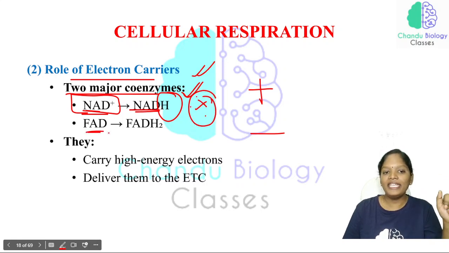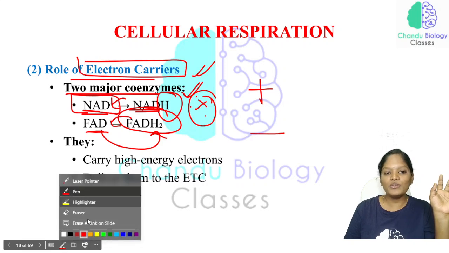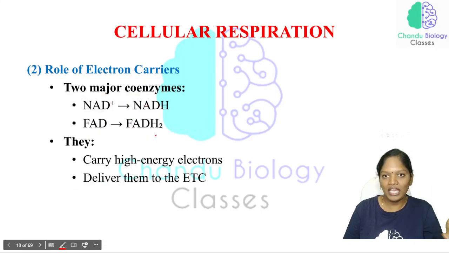Now FAD, again, is also accepting a hydrogen, so it is also undergoing a reduction reaction. See here, they are gaining electrons. This is why we call them electron carriers. So the most important coenzymes which are accepting and carrying electrons are NAD plus and FAD.